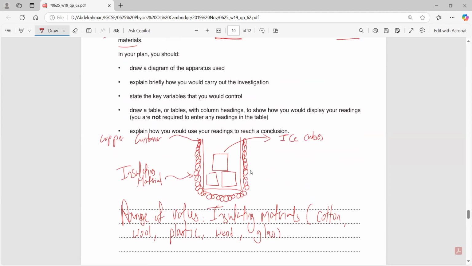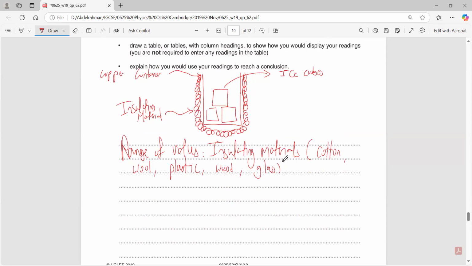So I've drawn the apparatus used. And then state the key variables. What would the constants, the controlled variables be? Yes, the same volume of ice, same number of ice cubes.